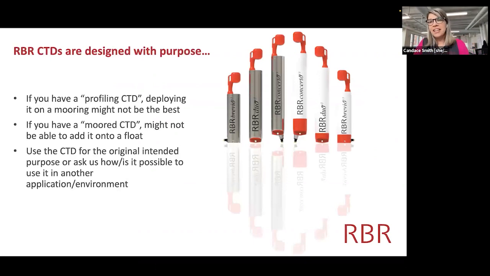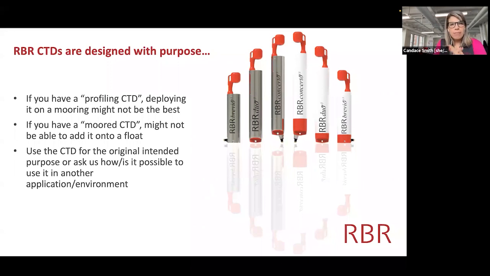At RBR, our CTDs are designed with a purpose. So the purpose is if it's profiling, if it's moored, or if it's an integration. So if you have a profiling CTD, putting it on a mooring line might not be the best. If you have a CTD that was specifically meant for being moored, it might not be super easy to add it onto a float.